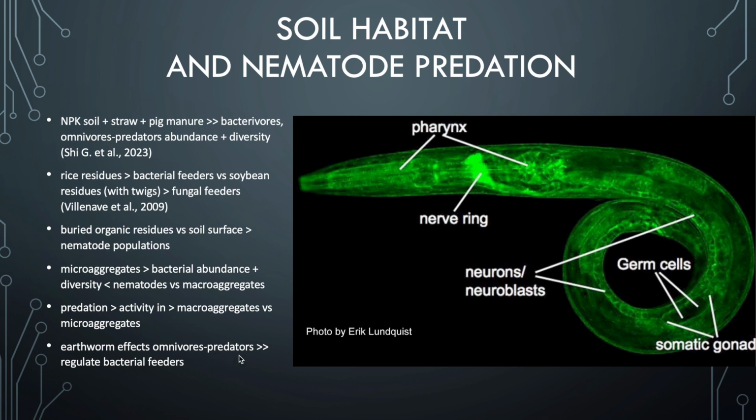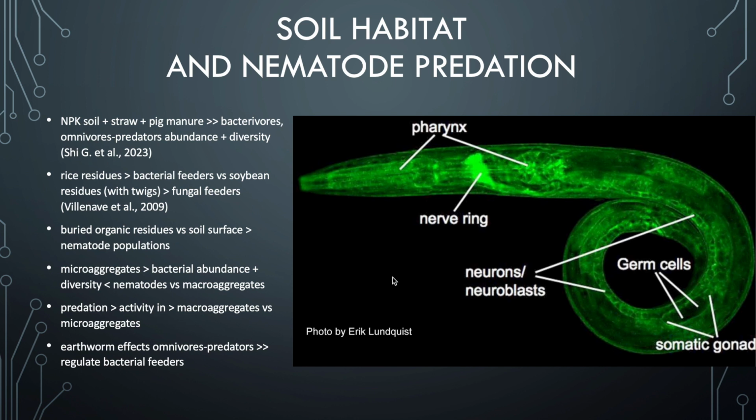Omnivorous and predatory nematodes also regulate bacterial feeders, so there's a feeding pressure on the bacterial feeding nematodes in the soil habitat, and that all depends on so many different factors that we've just mentioned above as well.